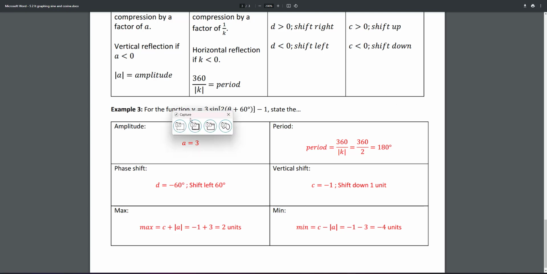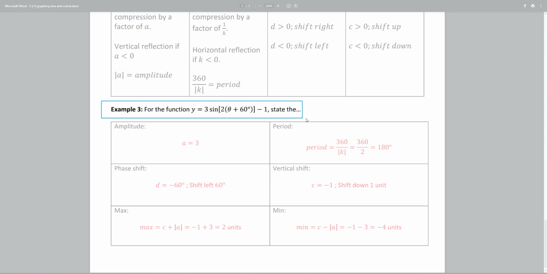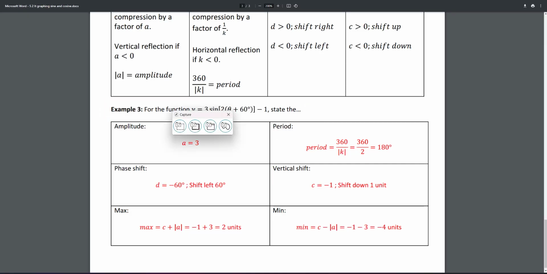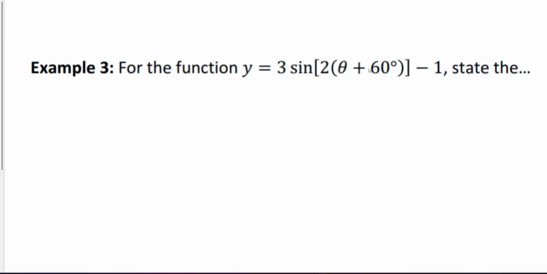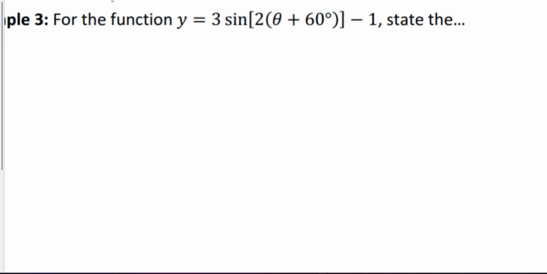So let's do an example here. Very basic example. In this example, we need to label our transformation values. What are our transformation values? Well, I know A value is equal to 3. It's the first number in front. Now, see all these brackets? That's good. We want to see those brackets. So the K value is inside the bracket.